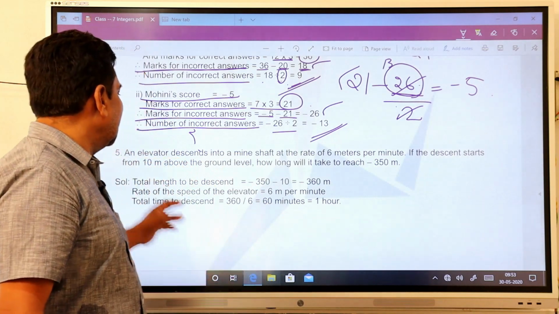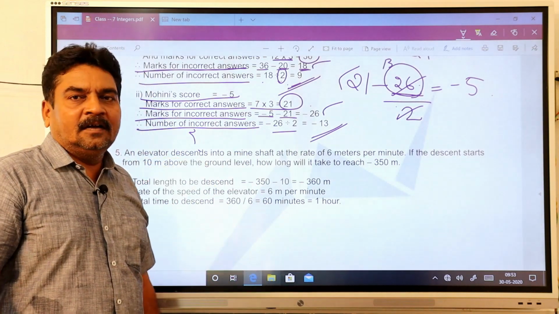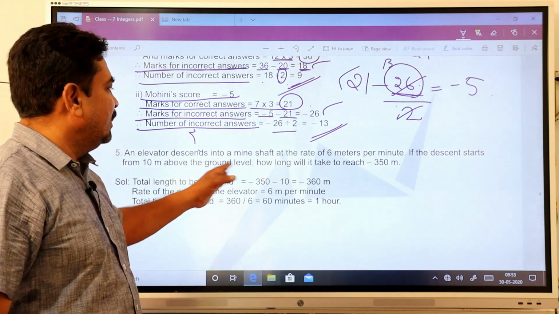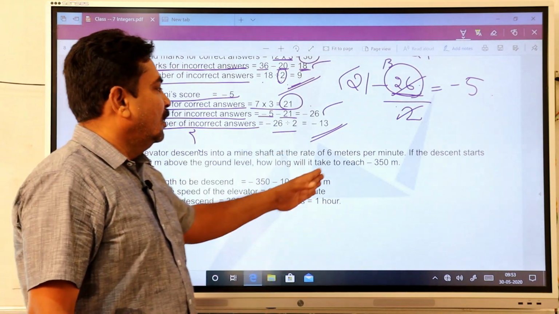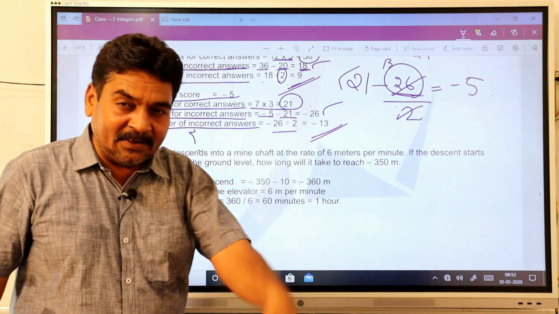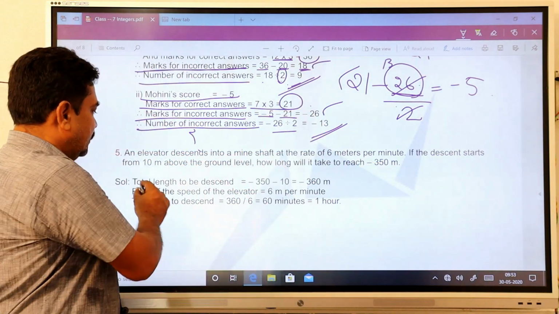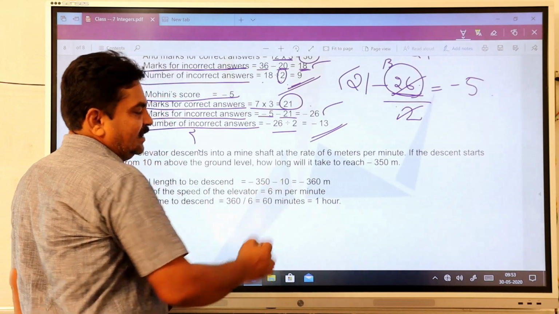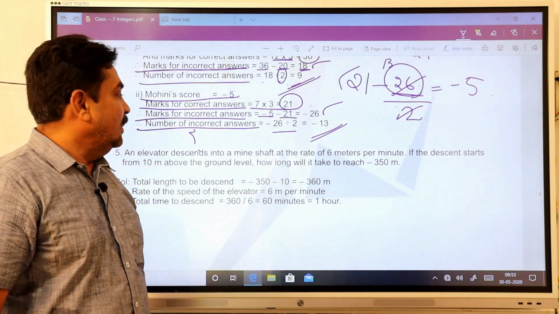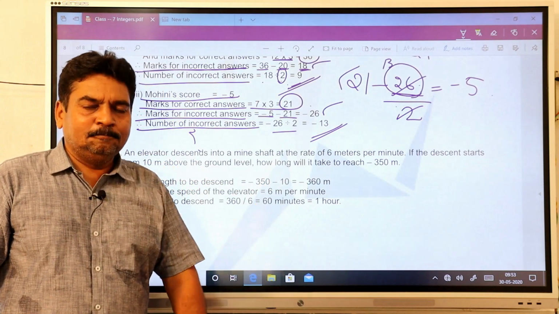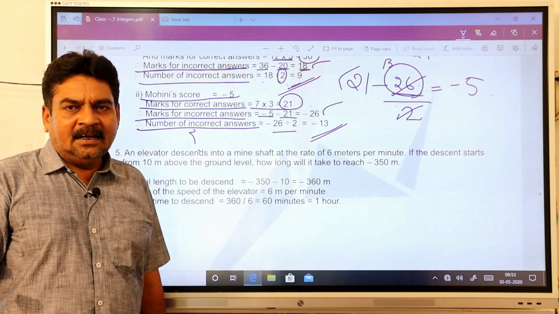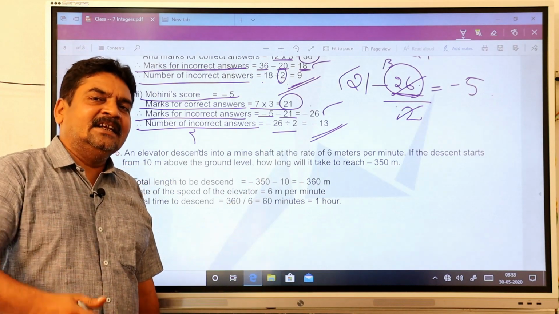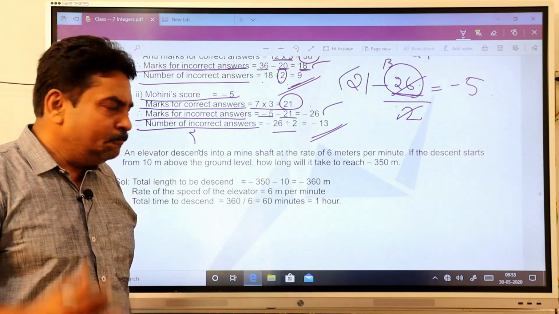If the descent starts 10 meters above the ground level, how long will it take to reach minus 350 meters? Let's see, the total length to be descended is minus 350 minus 10. Minus 350 is under the ground, and 10 meters is above the ground.